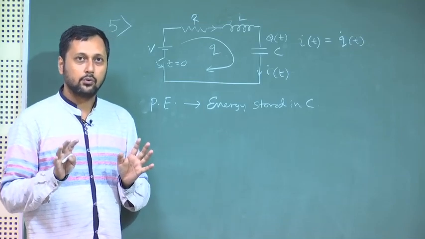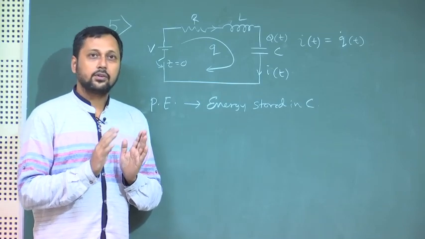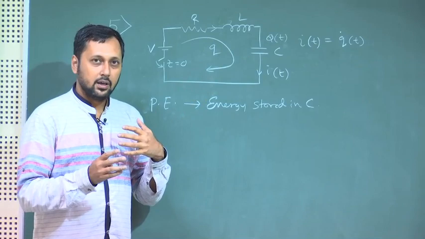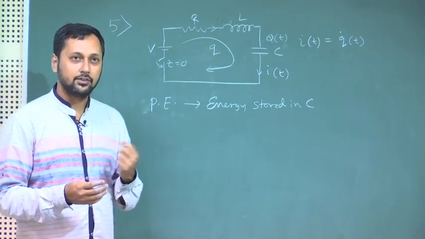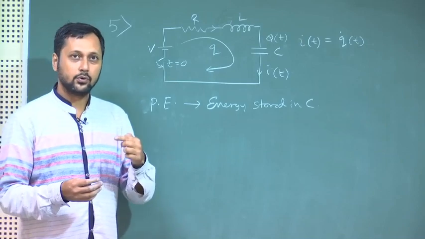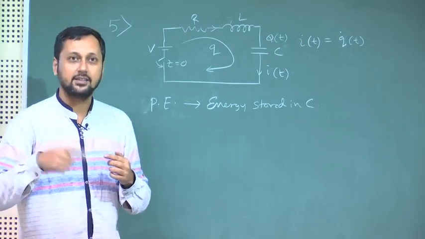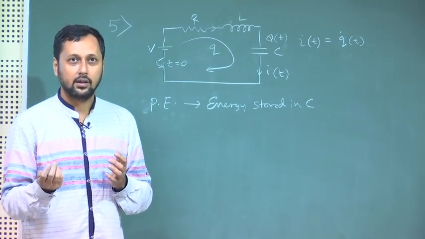Even if you do not want to go into all this, the basic concept is very simple. An inductor will acquire energy if and only if there is a charge flowing through it which is changing as a function of time, or current flowing through it which is changing as a function of time, right. If there is nothing flowing, nothing will happen.